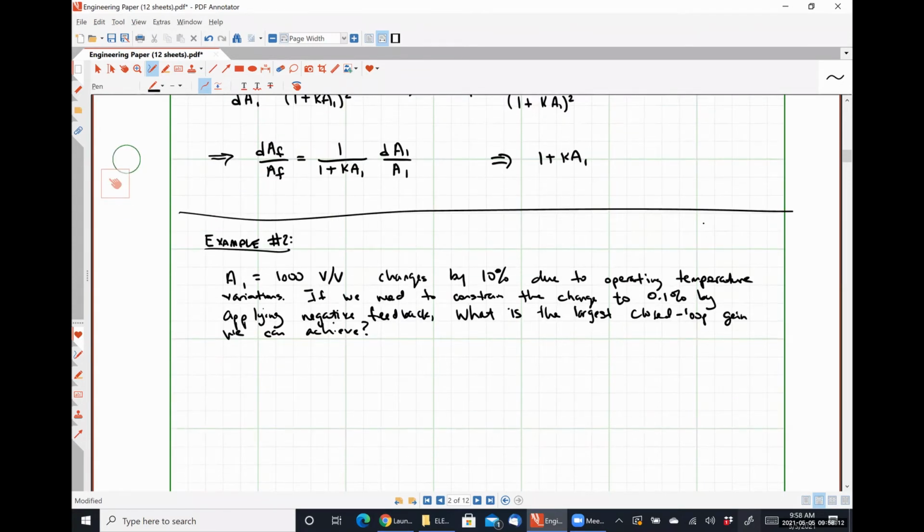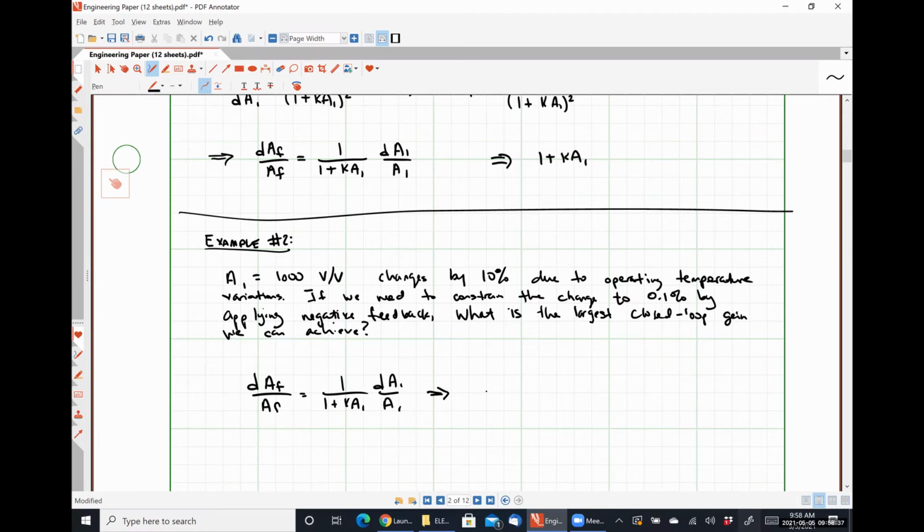So we know that we have the relationship dAF divided by AF is equal to 1 over 1 plus KA1 times dA1 over A1.